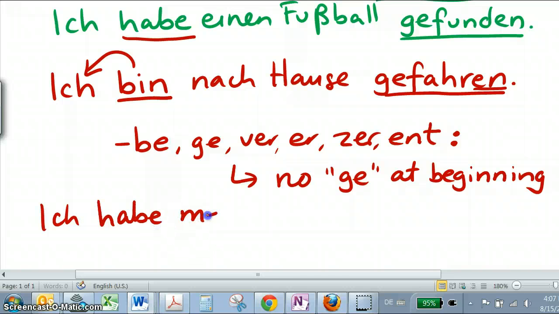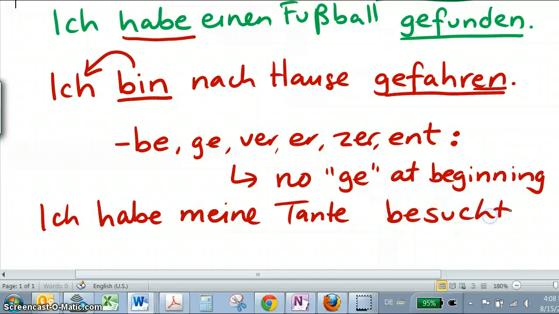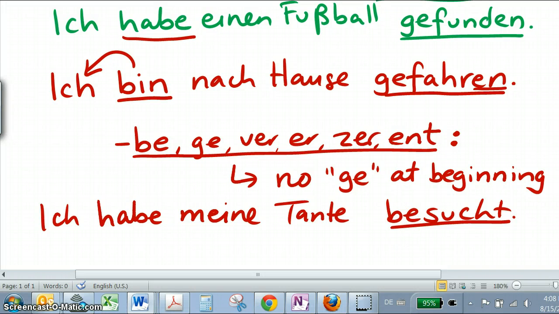Ich habe meine Tante besucht. Okay, it's not gebesucht, it's just besucht. And that is the past participle for the verb besuchen. And because it starts with one of these prefixes, you don't put a g at the beginning of the past participle.